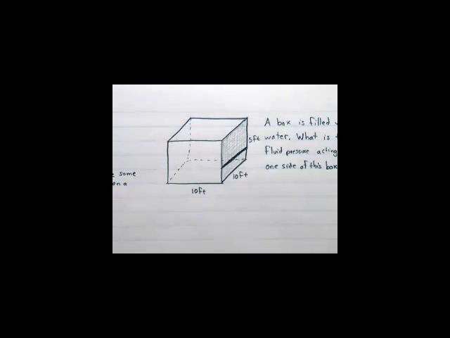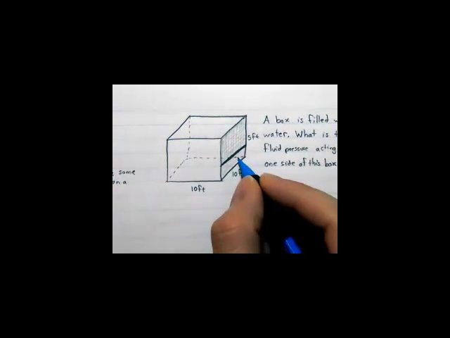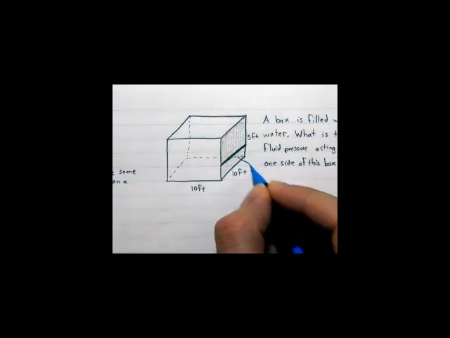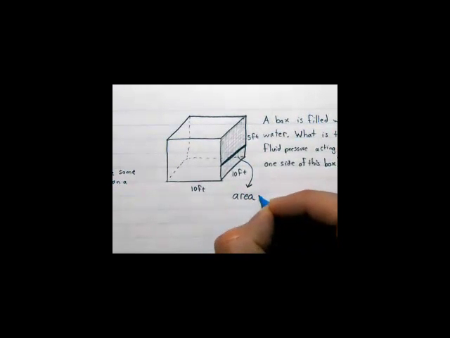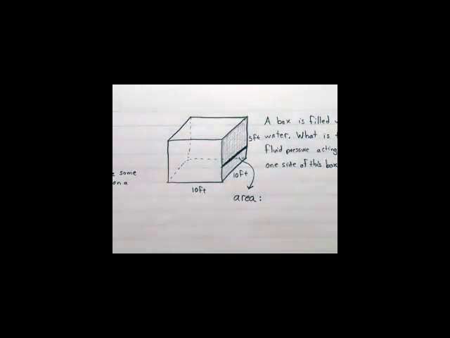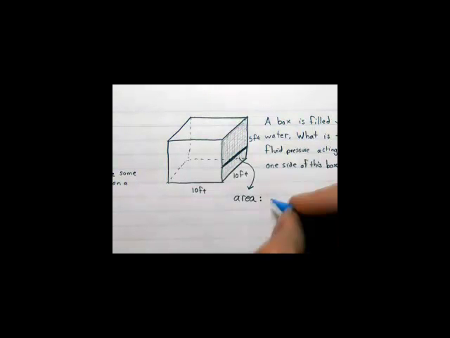For that little strip, we want to think about what its area is. Think of it as a rectangle, even though it's technically infinitely thin and not a rectangle: base times height. So what is the base of this rectangle? How wide is it? 10.